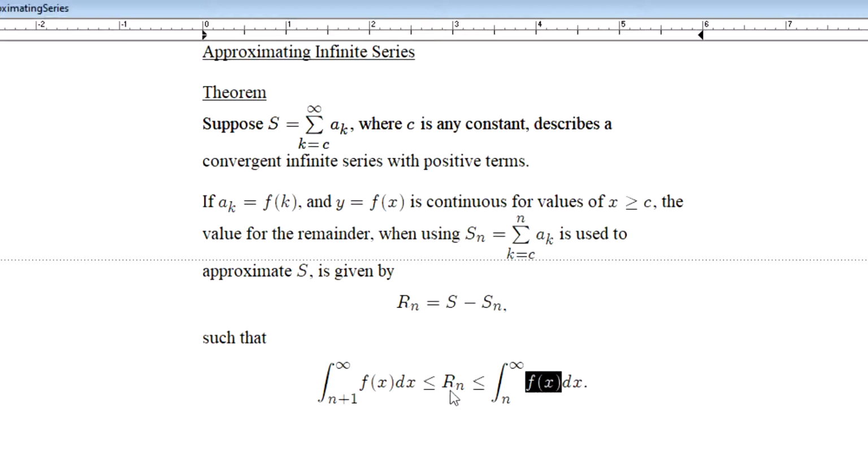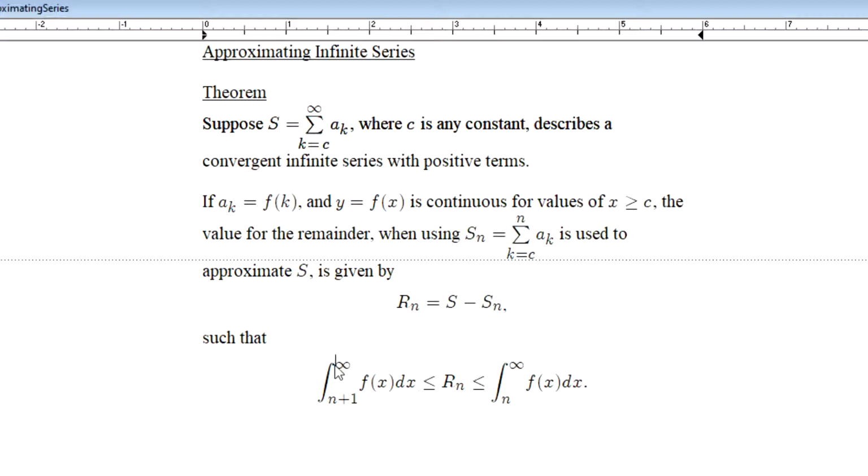The function f of x in these integrations is formed from thinking of the terms of our sequence: a sub k is this explicit function of our index, simply expressed in terms of the variable x, to relate it to our understanding of functions.